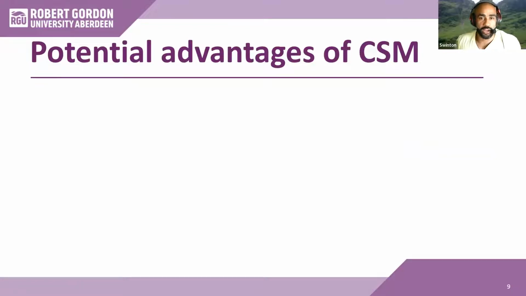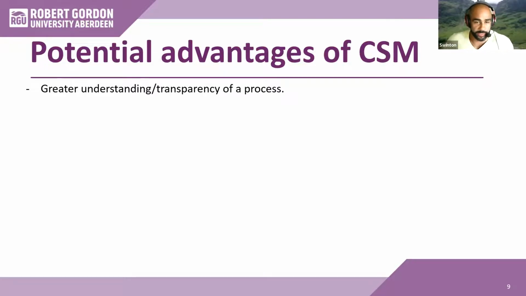So there are a number of potential advantages of conducting CSM research. The first, definitely, as James said as well, is that when you try to create a CSM, you're forced to explicitly state your system and specify analytic and descriptional aspects of the model. And that really requires deep thinking about the area.